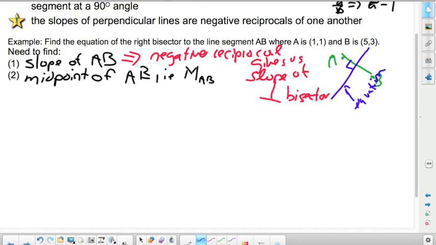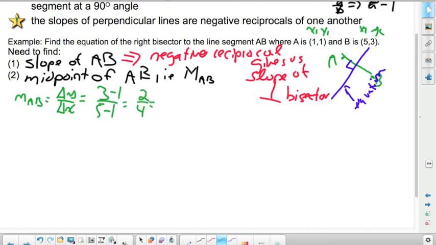Which one do we want to do first? Slope. Sure, let's do the slope. The slope of AB is equal to delta y over delta x. I'll choose this as y2, x2, and this as y1, x1. So I get 3 minus 1 over 5 minus 1. This is 2 over 4, which is equal to 1/2.